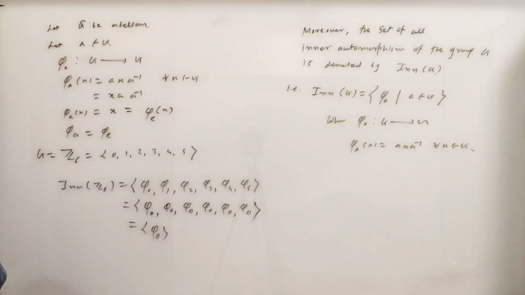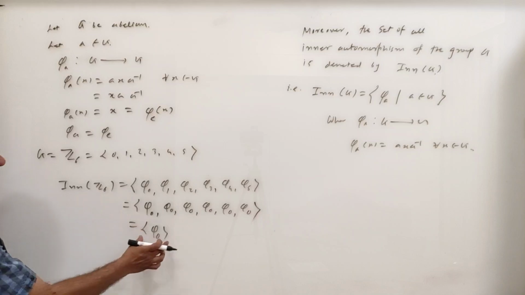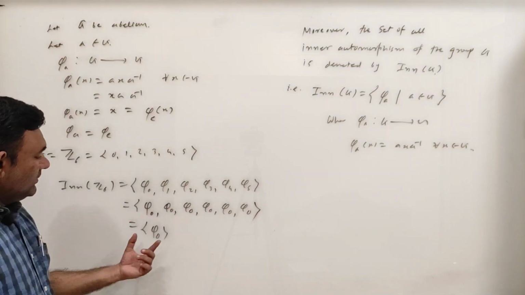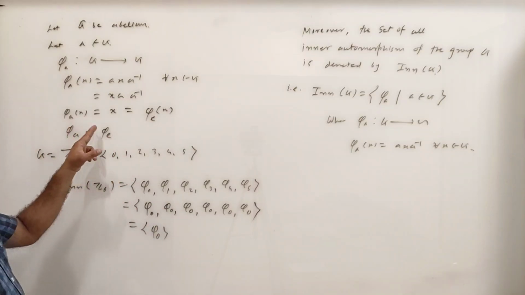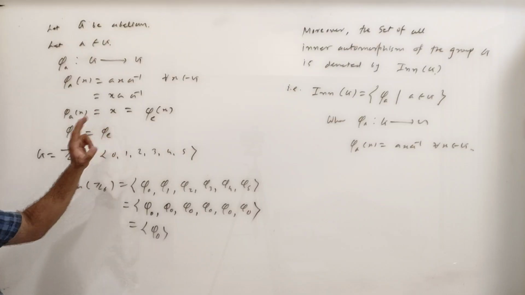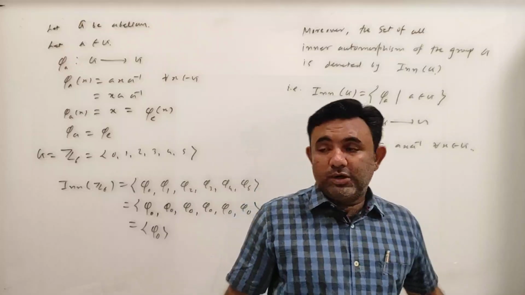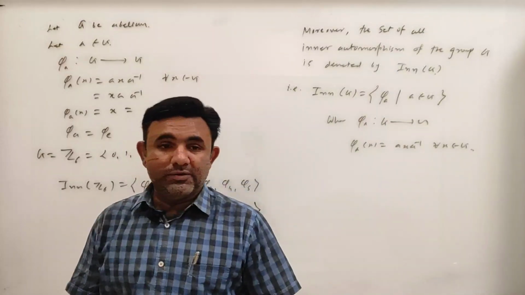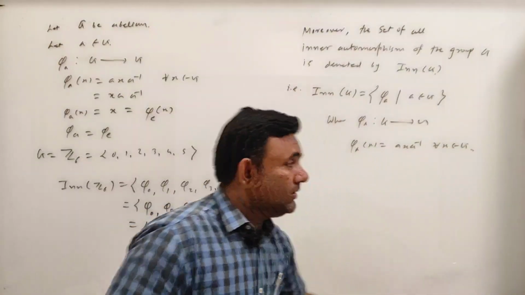Repetition is not allowed in a set, so it is simply phi_0. So if G is abelian, then Inn(G) is a singleton containing only the identity map, where at every element the value is the same. It is a group containing only one element.